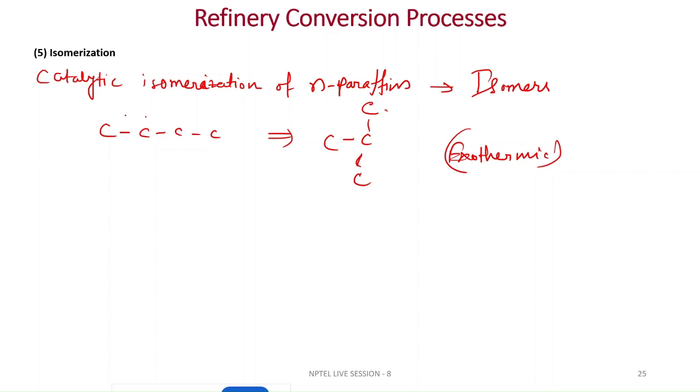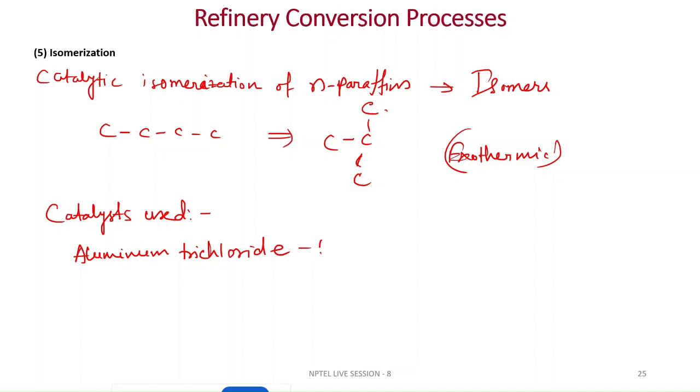Now the catalytic isomerization is occurring. The catalyst used is aluminium trichloride, the acyl promoted one.